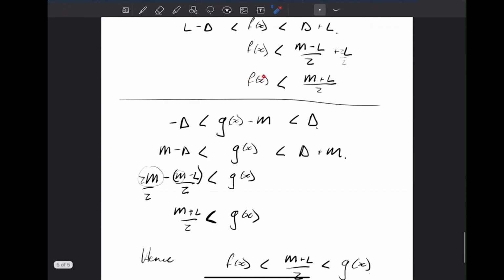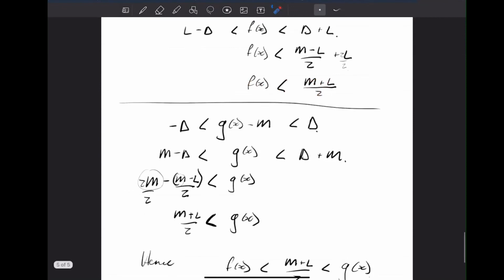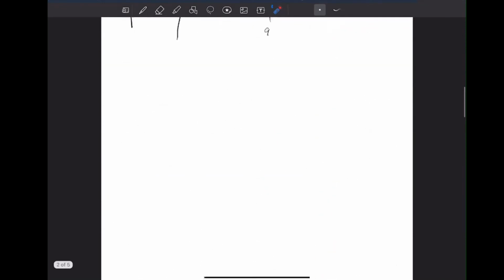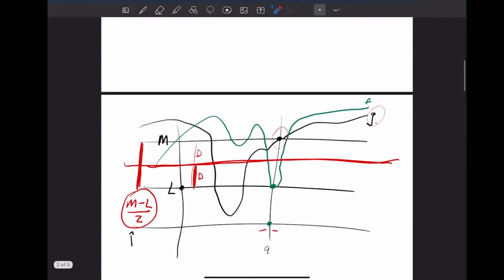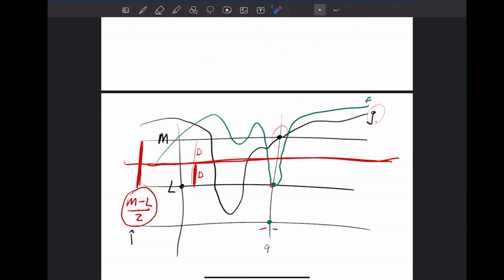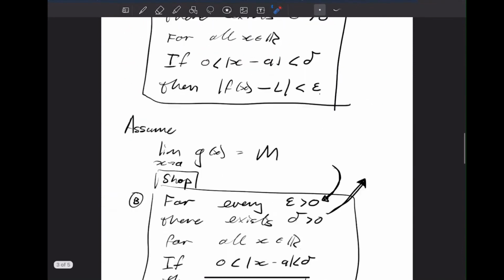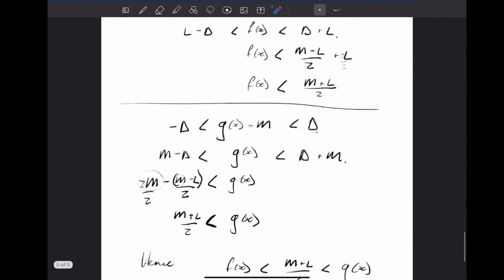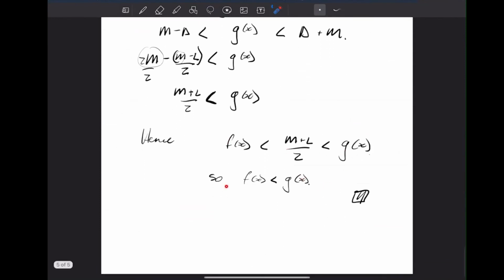We show that f of x is less than halfway between m and L. So m plus L over 2, the average of m and L, that is exactly halfway. If we go back to our drawing, our f close to a has to be below halfway. And similarly for g, our g has to be above halfway. And now putting it together, we see that f is less than g.